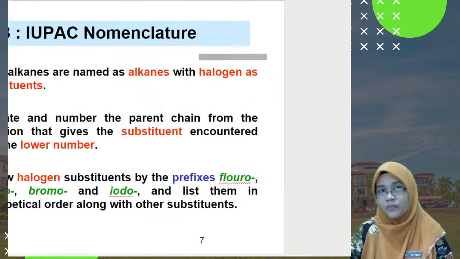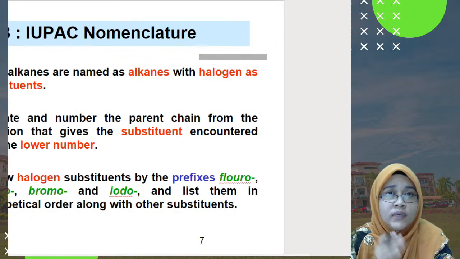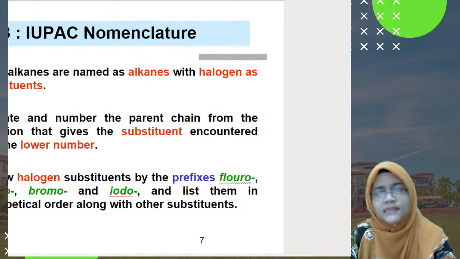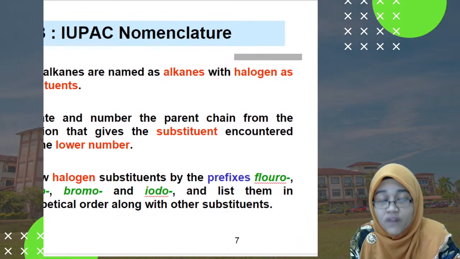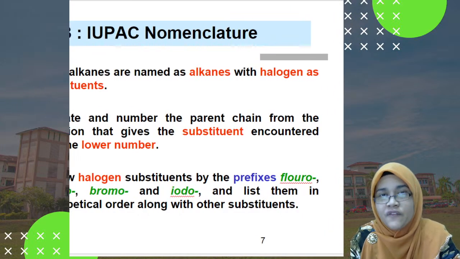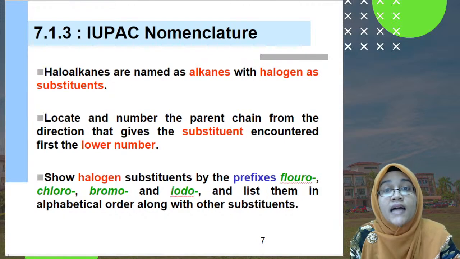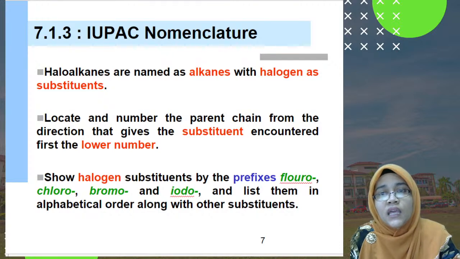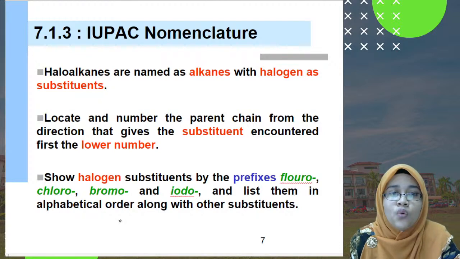Okay, now without further ado, we proceed with how to give a name to these haloalkane compounds. Same as the alkanes that you have learned before, in the previous lecture, haloalkanes are named as alkanes with halogens as substituents.